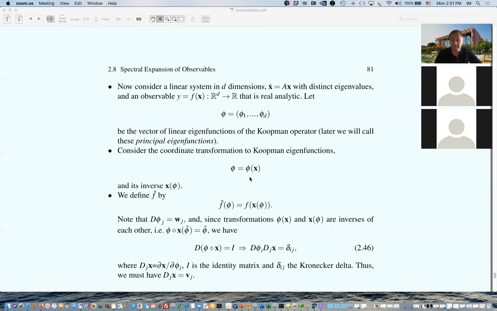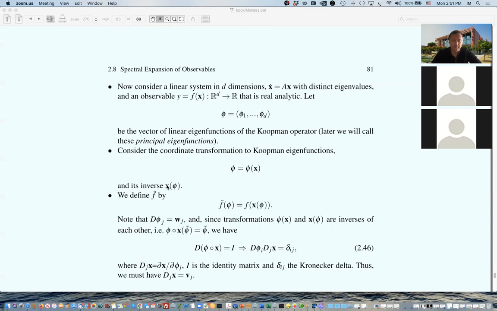But that transformation is nice and linear, and under the assumption that we have non-degenerate, we're going to immediately know that there is an inverse x of phi that exists.